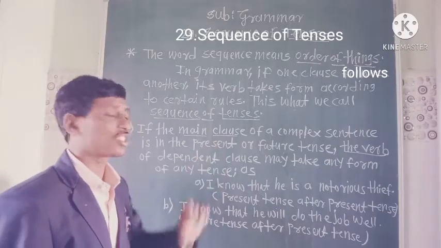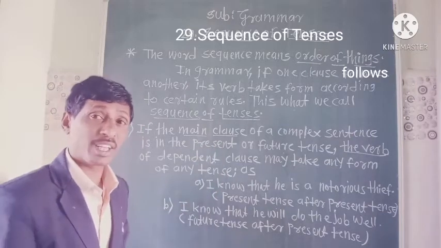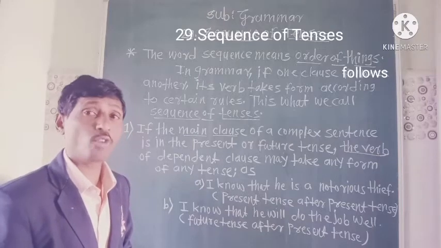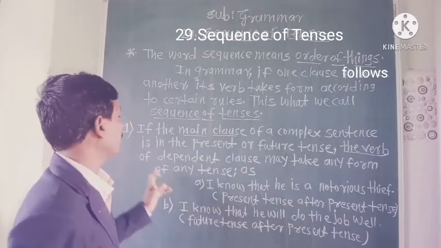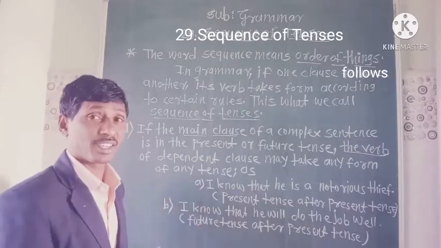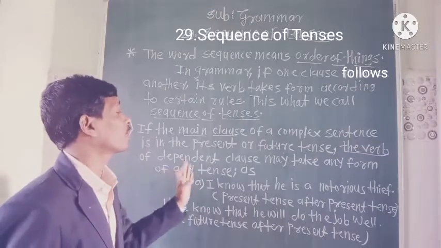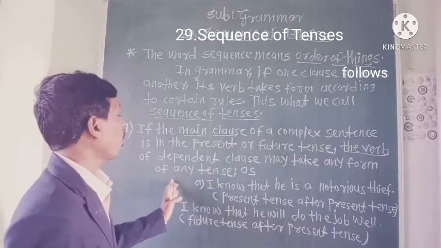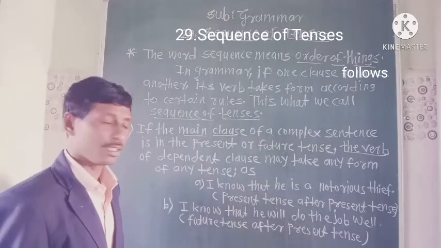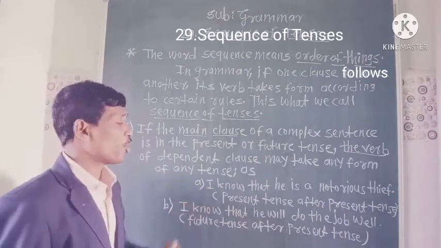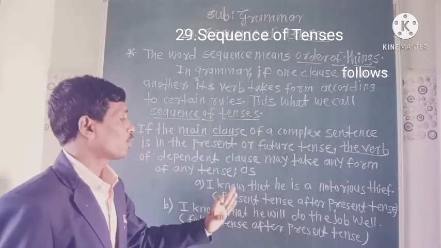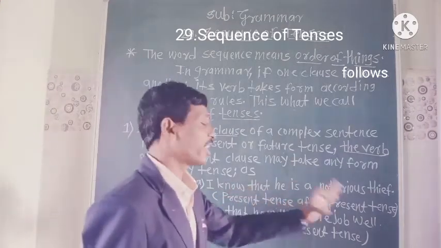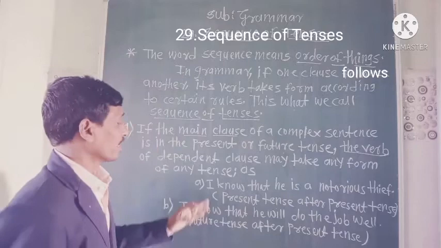Let's see, if in a complex sentence the tense is present or future tense, at that time the verb of the dependent clause may take any form of any tense. For example, I know that he is notorious.